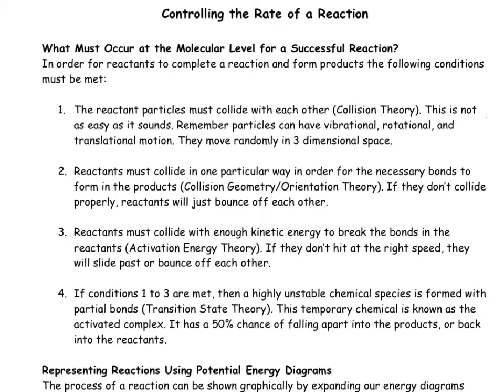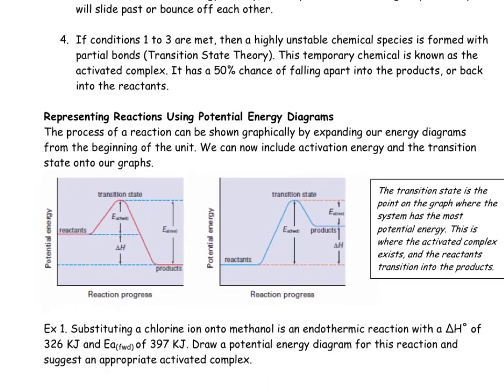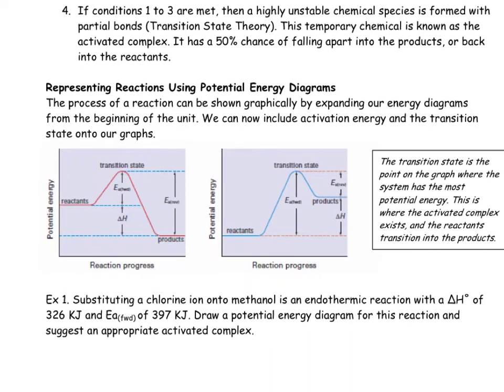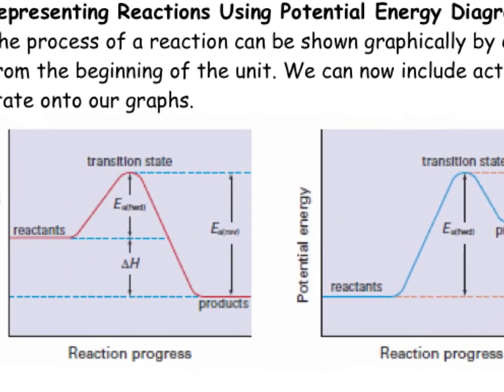We can take these steps during a chemical reaction and expand on the energy diagrams that we were drawing in the beginning of the unit showing the enthalpy change. We can now include activation energy and transition state theory onto our energy graphs. Here are some examples.